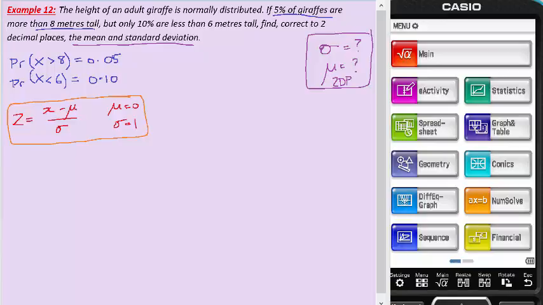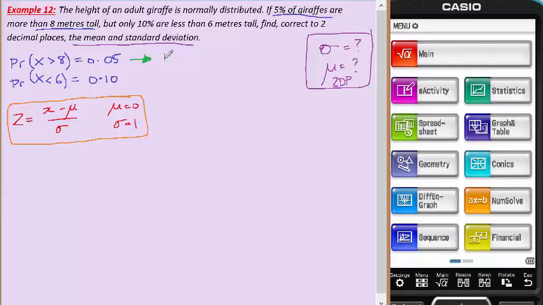The first question I'm going to ask myself is about this data point where I have 0.05 probability, or 5% of giraffes are greater than 8 metres. I'm going to call that equation 1. For these giraffes, greater than 8 metres tall, how many standard deviations is that away?